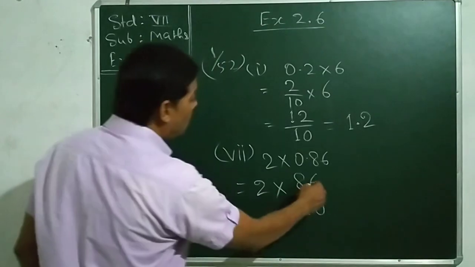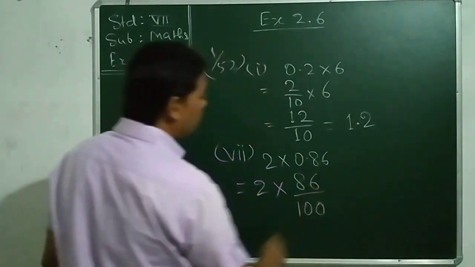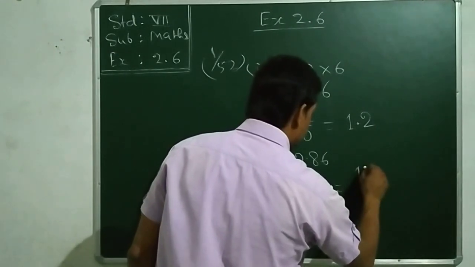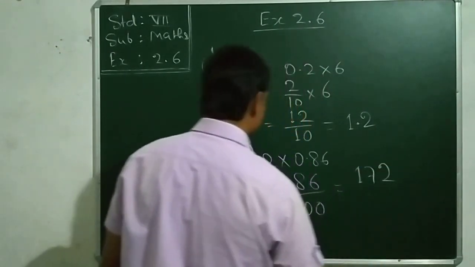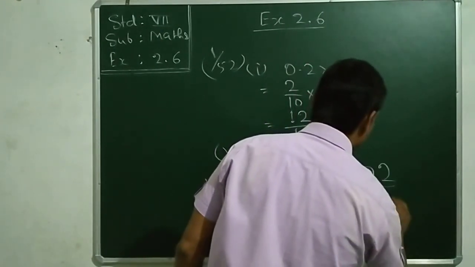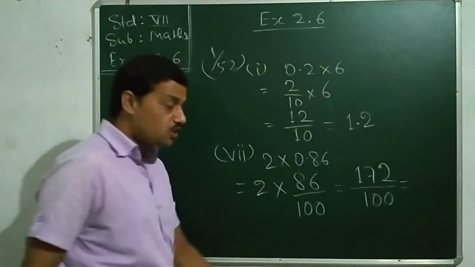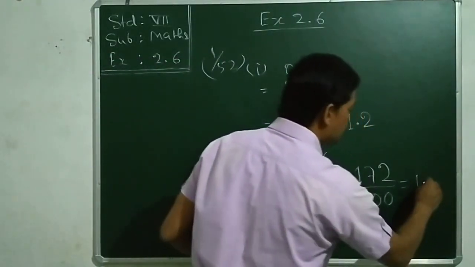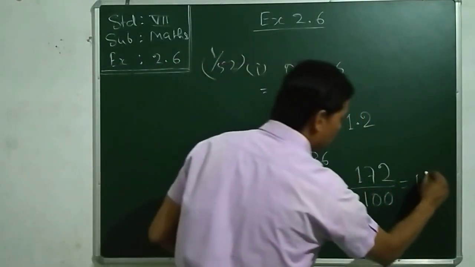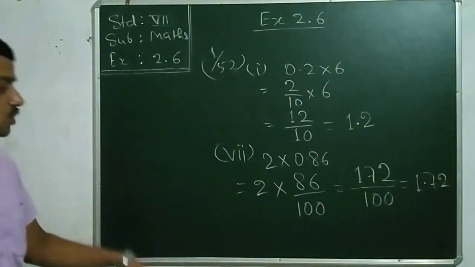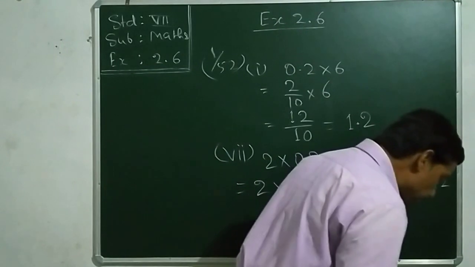And now 86 into 2, multiply it directly, you will get 172 by 100. Ultimately 2 zeros are there, so the decimal will appear 2 digits before, 1.72. In this way you can solve the remaining sums of number one.